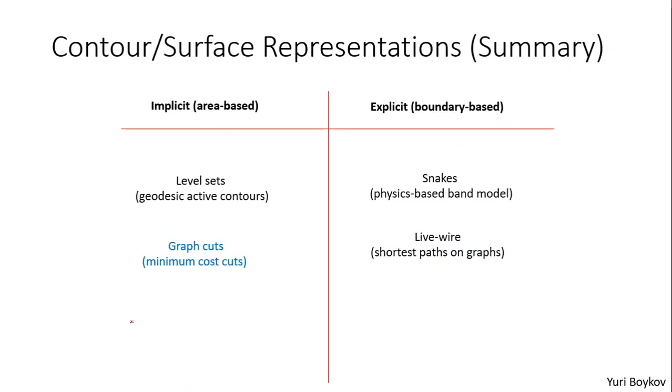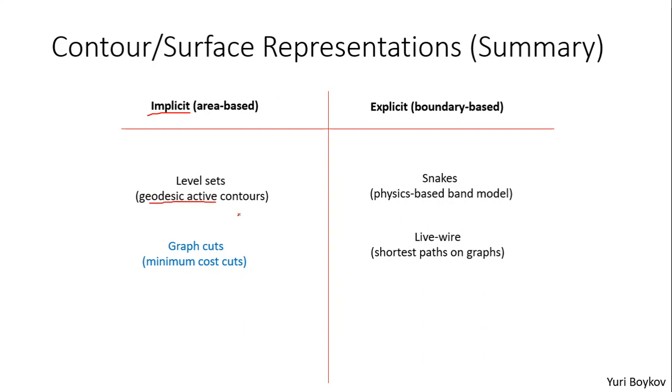So briefly summarizing the contour surface representation. Both graph cuts and level sets have implicit representation. That means we do not represent the curve as a parametric curve, but represent the curve as in level sets, the 0 level set of the level set function. In the graph cuts, it is the minimum cost cut, the severed edges.